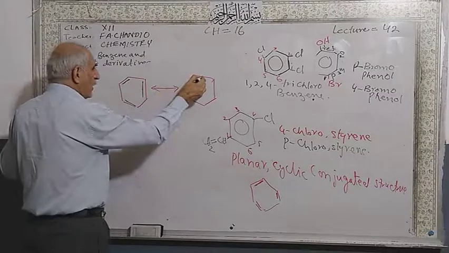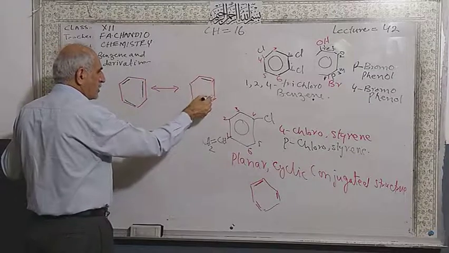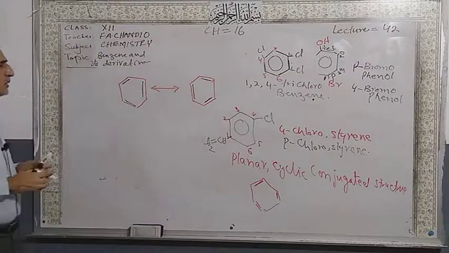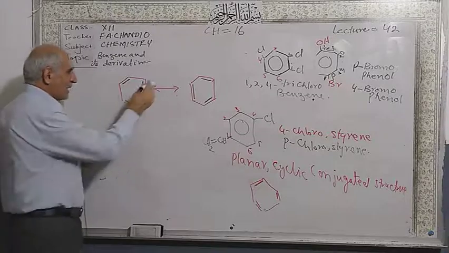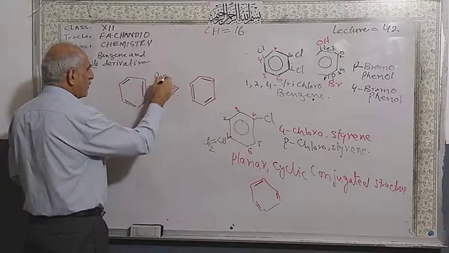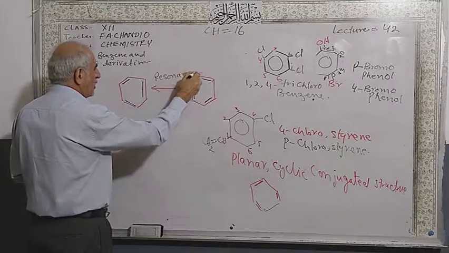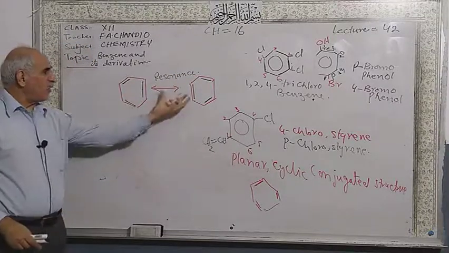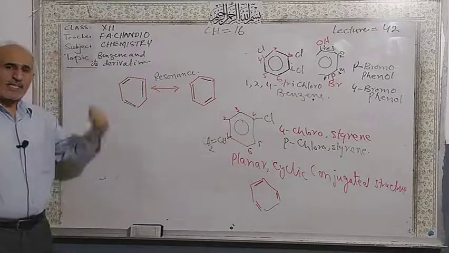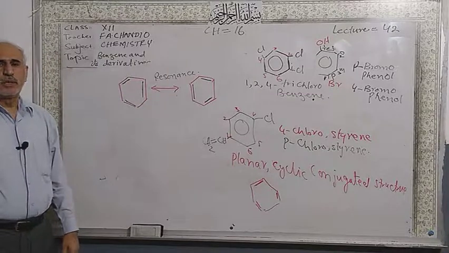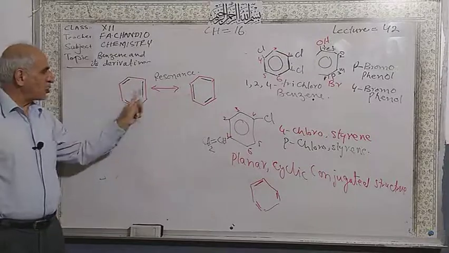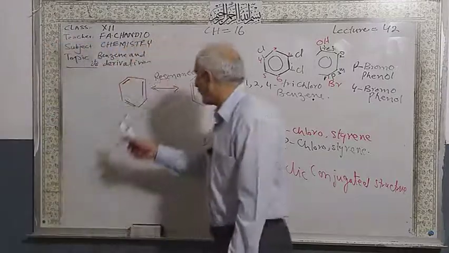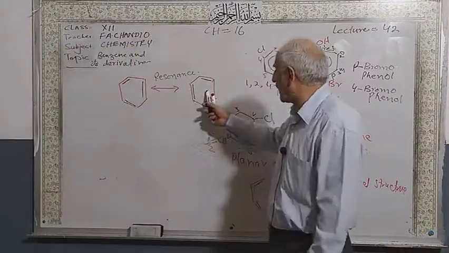Or you can start from here: first double bond, second, and third. This sign is called resonance, meaning that in between these two structures there is the structure of benzene. You can write this one, this is correct, and you can write this one, this is also correct.